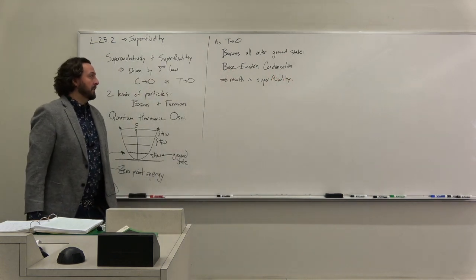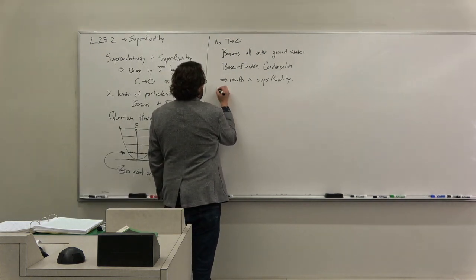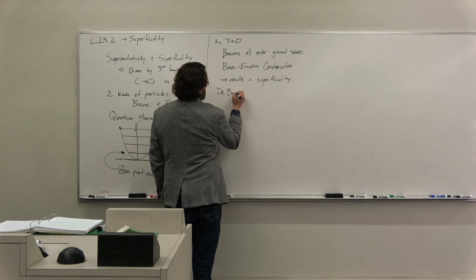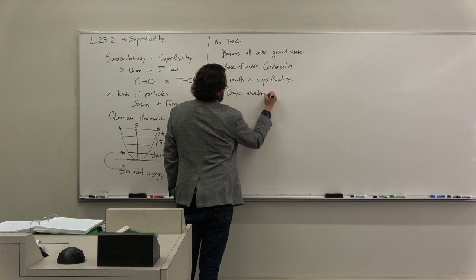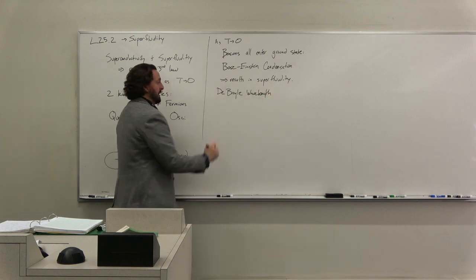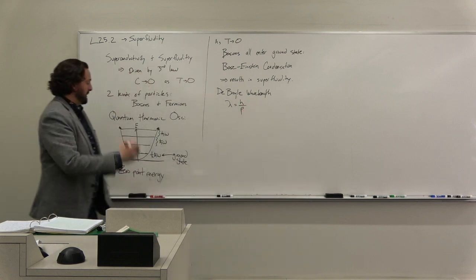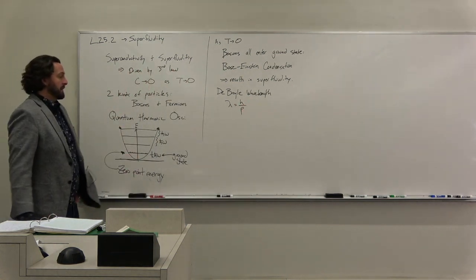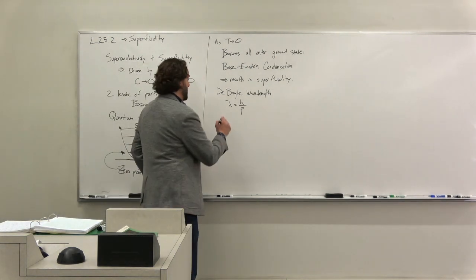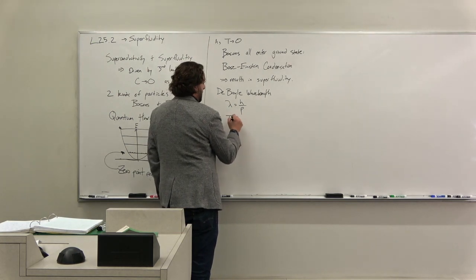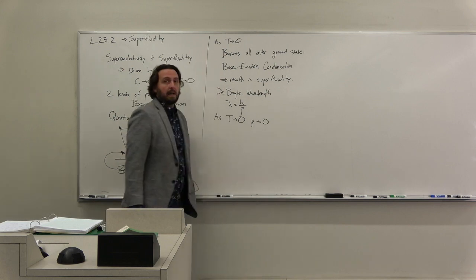Okay, why is that? So if we remember back to your second year, you had the de Broglie wavelength. Remember what that was? That was lambda was h over p. Right? So what happens is as the temperature goes down, the momentum also goes down.